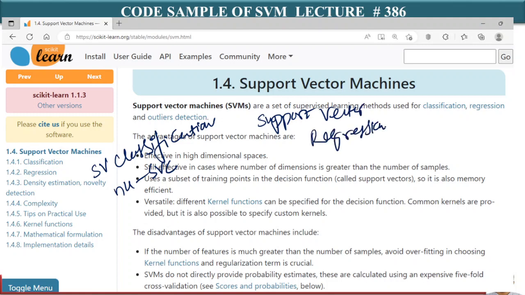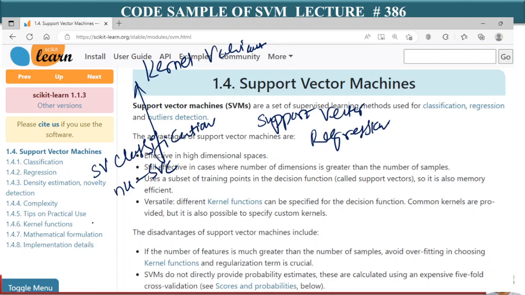We will try to understand all three of them. The support vector classification implements kernel variants. What is the meaning? We will try to understand. Let's look at each of these codes.